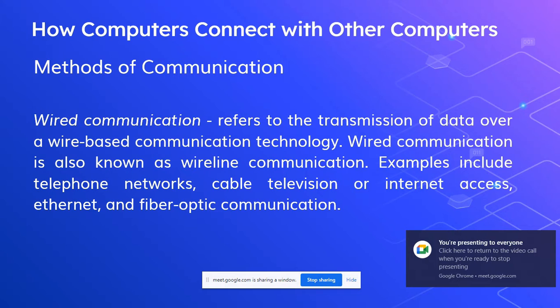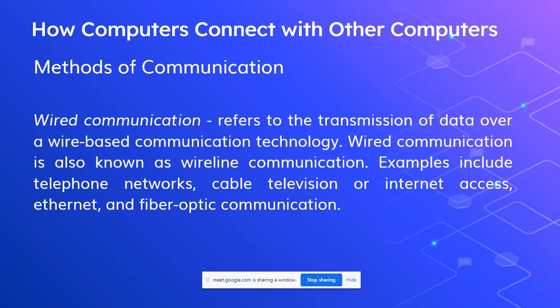Actually there are two methods of communication, either wireless or wired. Tingnan natin muna dito sa wired communication. Wired communication refers to the transmission of data over wire-based communication technology. Wired communication is also known as wireline communication. Examples include telephone networks, cable televisions or internet access, Ethernet, and fiber optic communication.